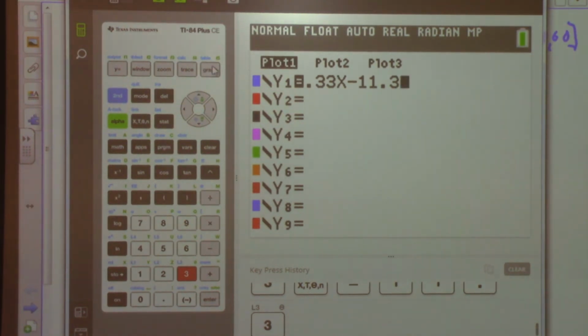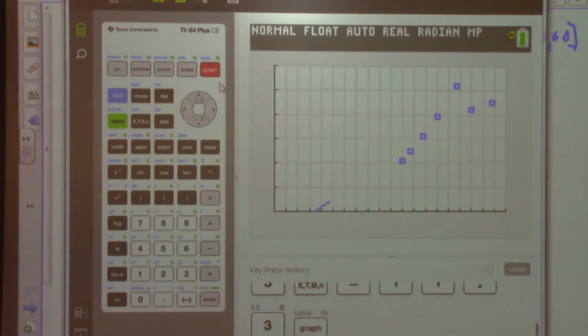So now when we graph this, what are we going to see? We will see our line of best fit that the calculator figured out, but we did not, right? And then we can use our calculator here to, is there any question that's being asked?